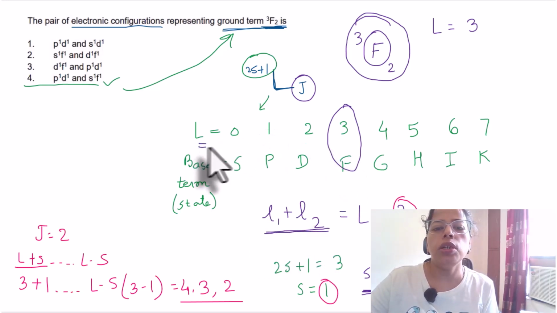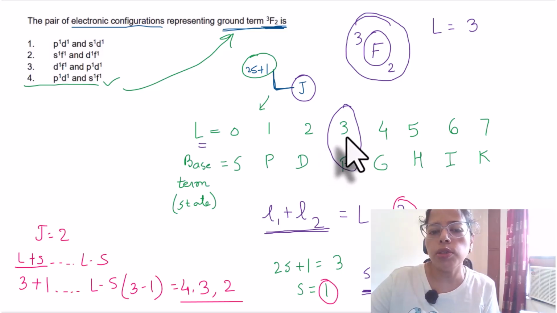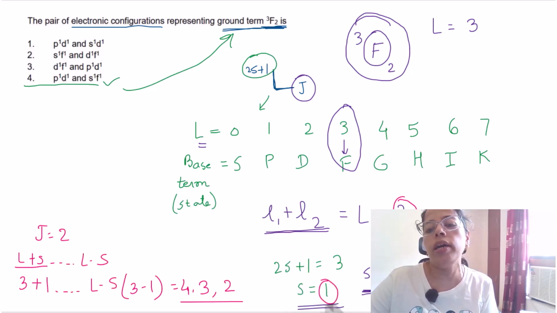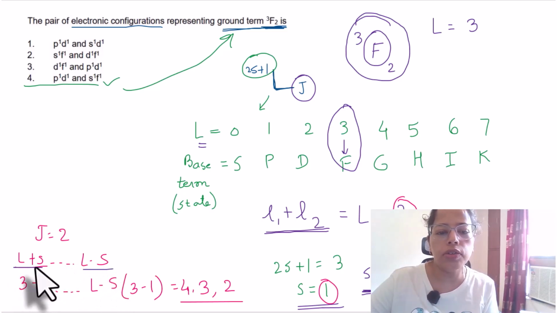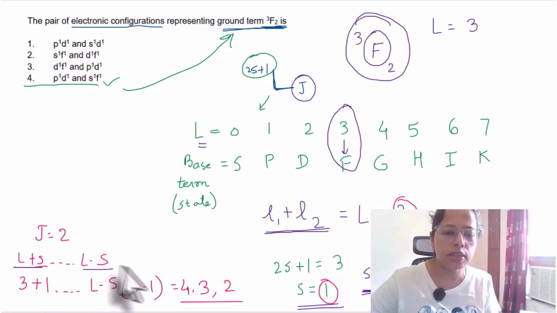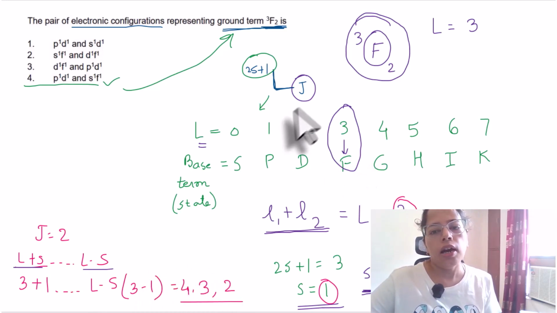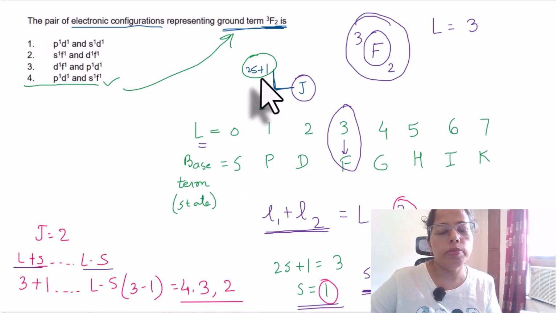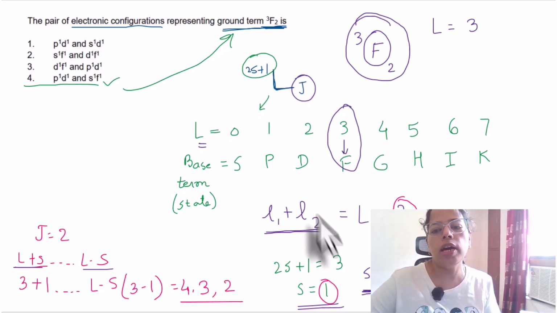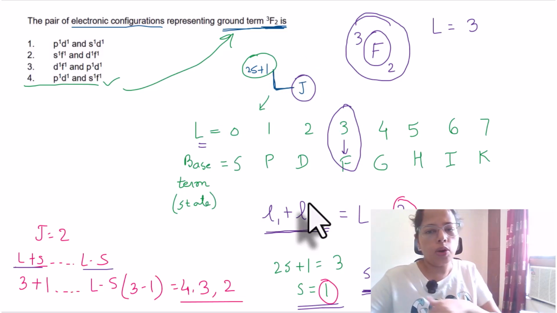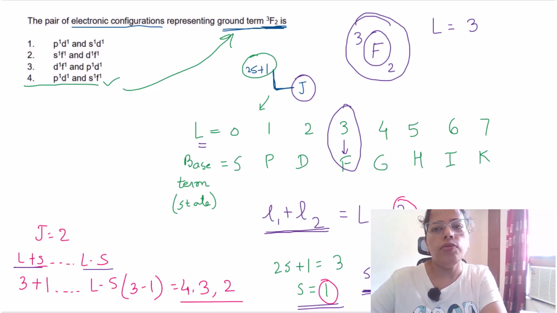And then we require the total orbital angular momentum quantum number, which corresponds to the base term, and then the total spin quantum number corresponding to the number of electrons occupying a particular orbital, and finally the J value, which ranges from L plus S to L minus S. And when we know the total L, J, spin and the spin multiplicity, all of these values, then we can understand what ground state term we have and the corresponding electronic configurations, or vice versa.